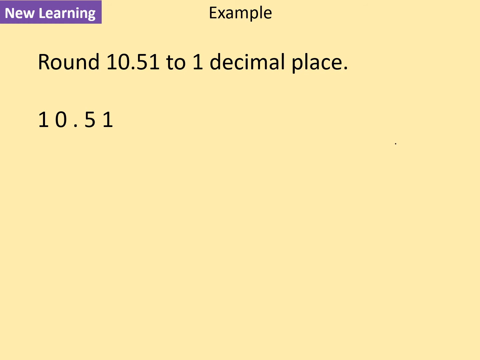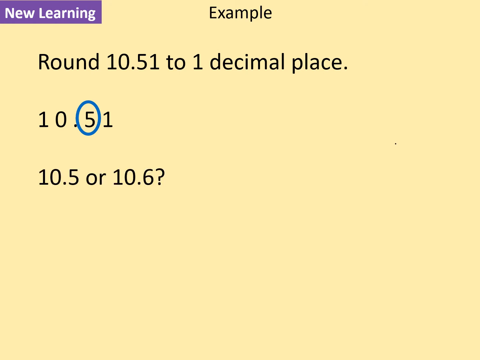Okay, so example number 2. Round 10.51 to 1 decimal place. So again, I'm looking to have just 1 digit after the decimal point, because I'm rounding to 1 decimal place, to my tenths.